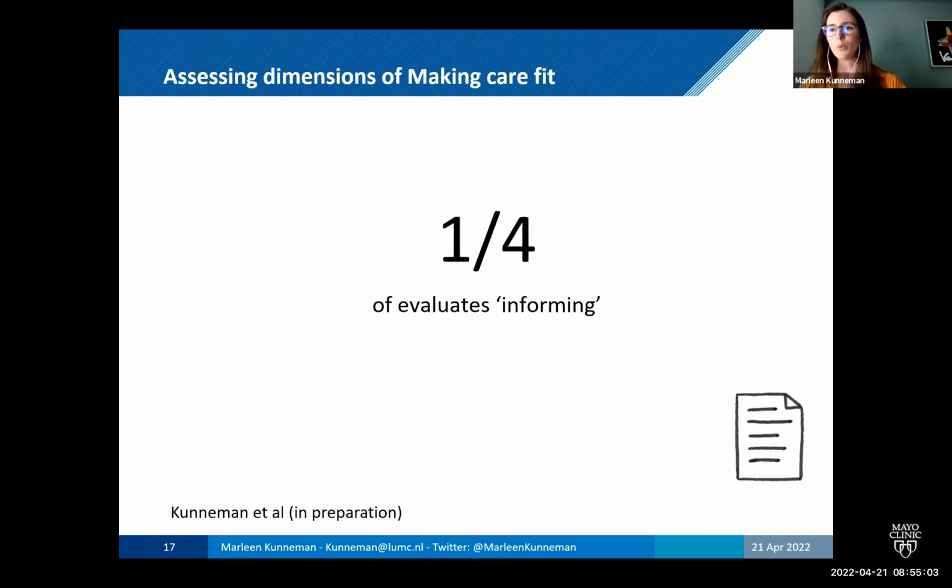And interestingly, 1/4 of all items were evaluating the act of informing. And other aspects that may be relevant to making care fit, such as tailoring care, praising, caring in general, were less often present, or the least often present acts that we found.